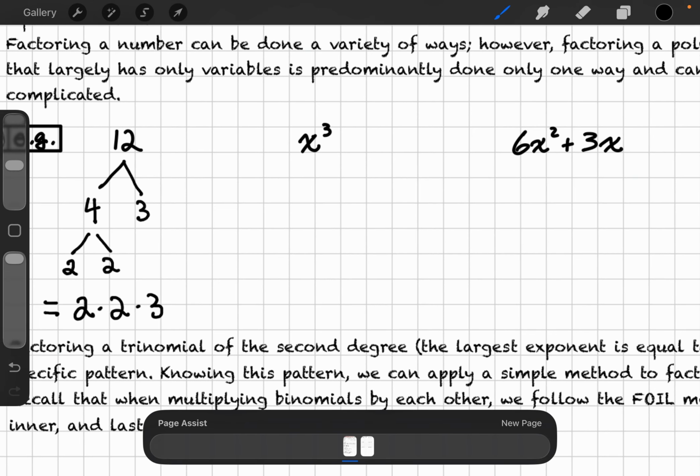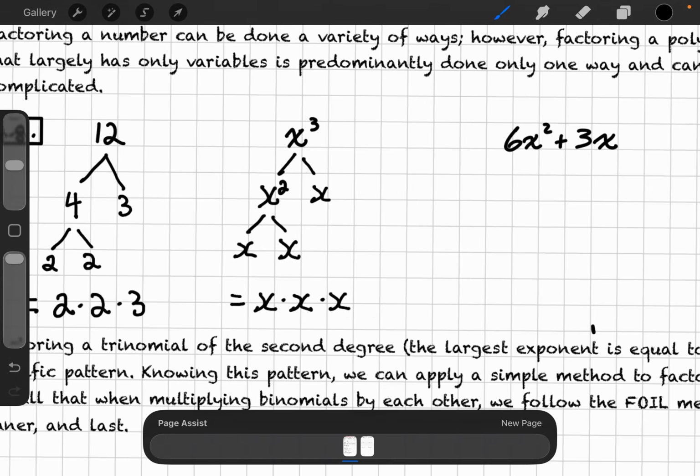Let's look at x cubed. This x cubed can be broken down into its factors x squared times x. X squared can be further broken down into x times x. So the factored form of x cubed is x times x times x.